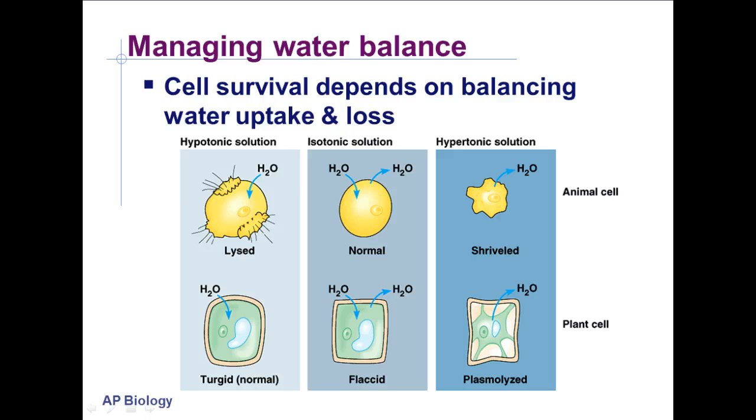So really the bottom line here is that managing water balance is a key to cell survival. This water management is dependent on water uptake and loss balancing out. It is literally why it's recommended that you drink a gallon of fresh water every day.